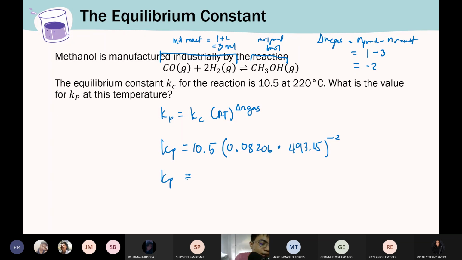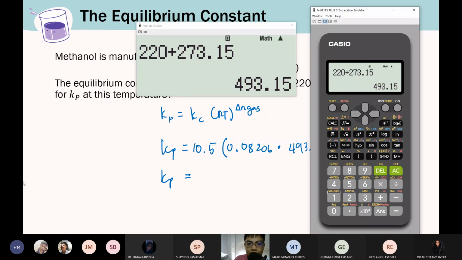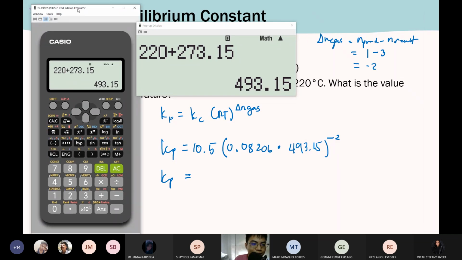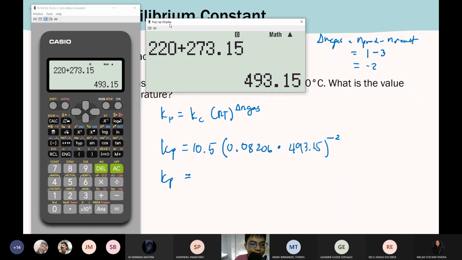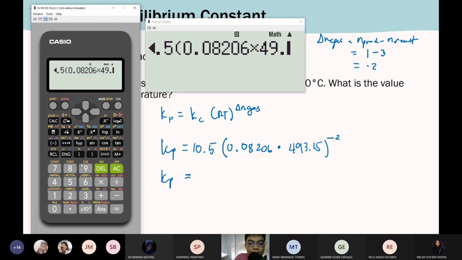Yan. So we can type it in the calculator. Napindot na tayo. Asan yung mouse ko ulit? That's 10.5, open parenthesis, 0.08206 times 493.15, close parenthesis.